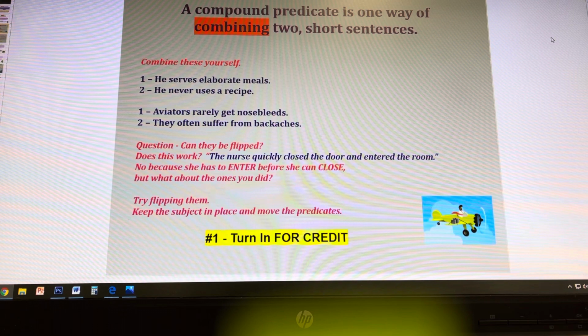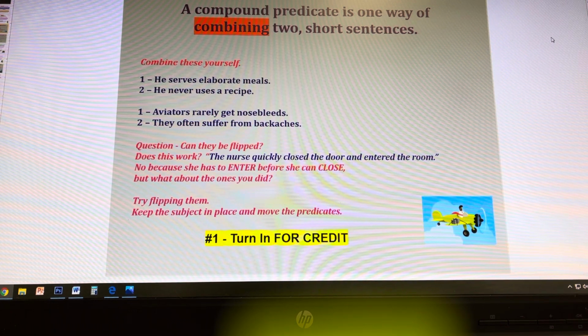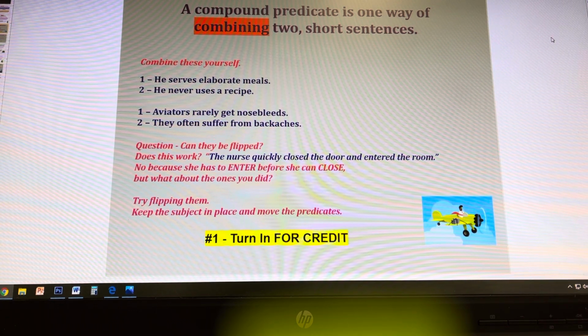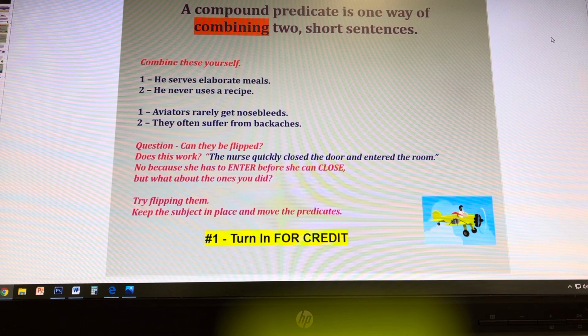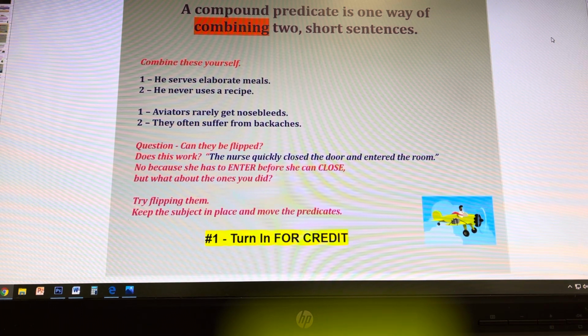So in the previous example, we had the nurse silently entered the room and quickly closed the door. We could not flip that one backwards because the nurse would be closing the door and then entering the room, which doesn't work. So let me know if you can flip either of these two. Pause the video and do these two sets, please.